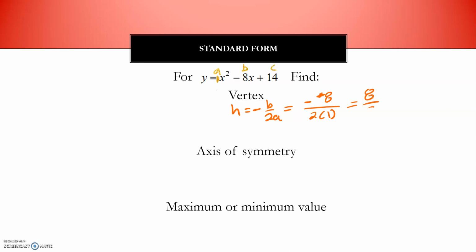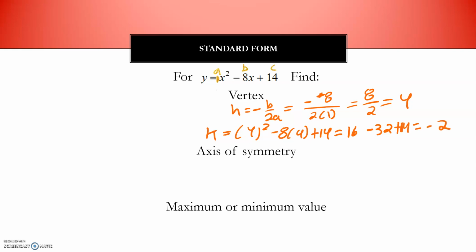Negative negative is +8, over 2 is 4. k equals 4 squared minus 8 times 4 plus 14. I'm just going to keep going sideways because I'm otherwise going to be out of room. 16 minus 32 plus 14 is -2. So my vertex is (4, -2).